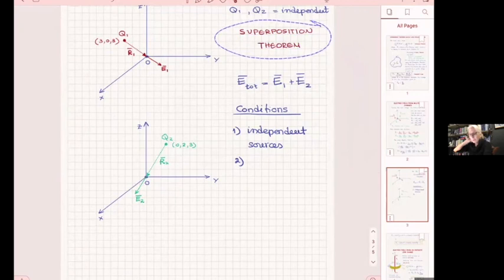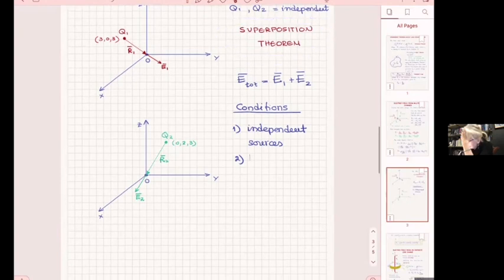Yes, go ahead. Somebody was ready. I was going to say you can apply it whenever it's acting towards the same point. Of course, it has to be at the same point, all right, to be able to do that. Because if it's at two separate points, of course, you cannot superimpose that. So we're talking about the same point. But there is one other thing, that the relationship between the source and the field has to be linear.